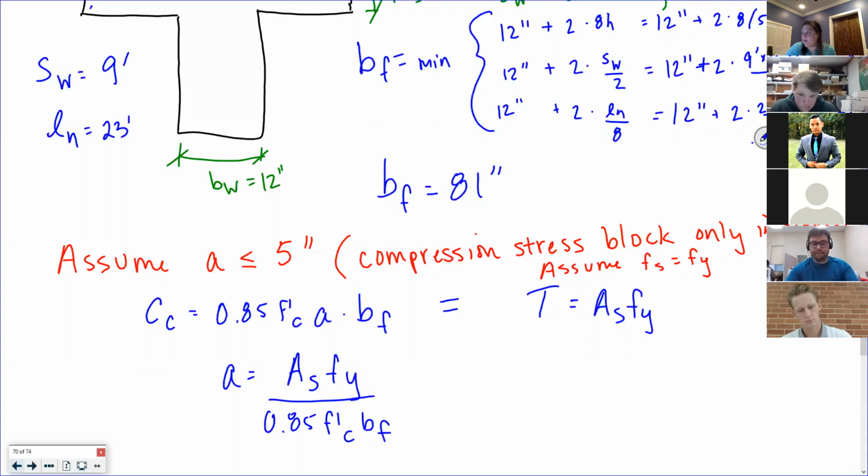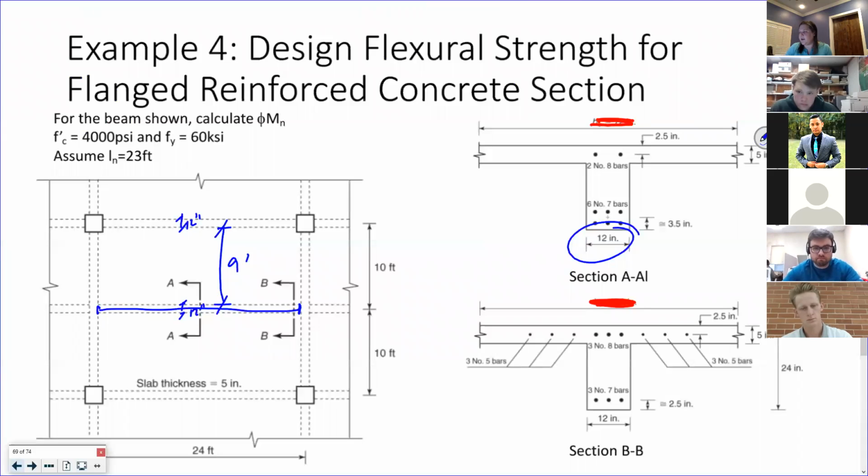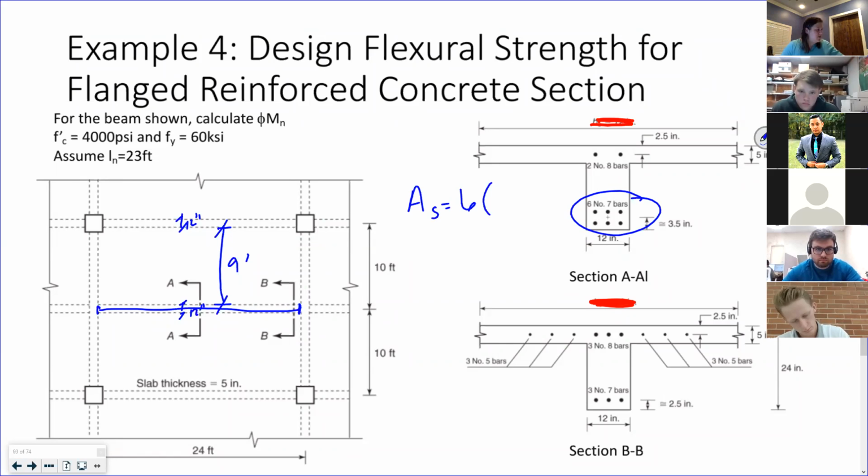My area of steel. I'm looking at section AA because we're designing for moment, which would likely be maximum at the center, right? So I got 6 number 7 bars. So my As is 6 times the area of a number 7.